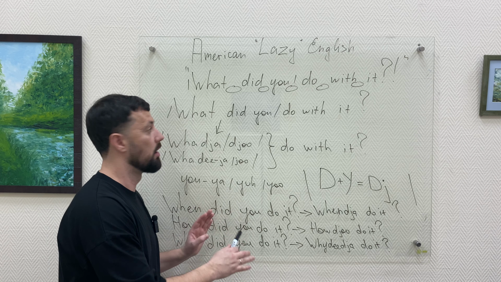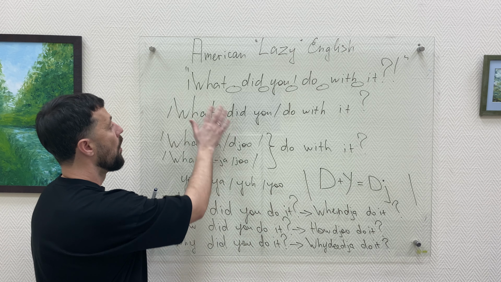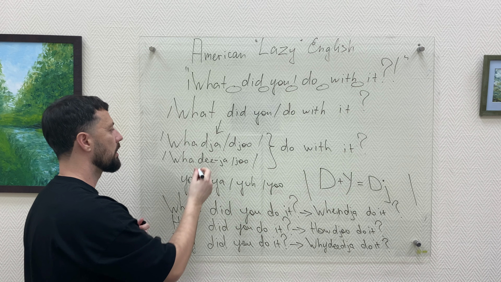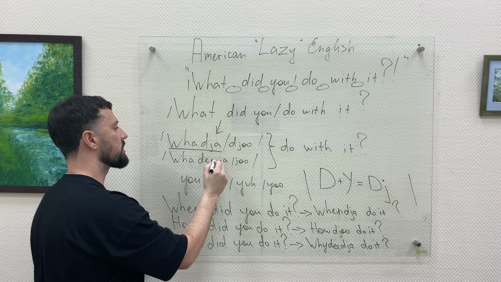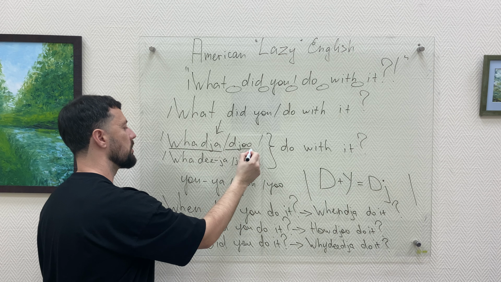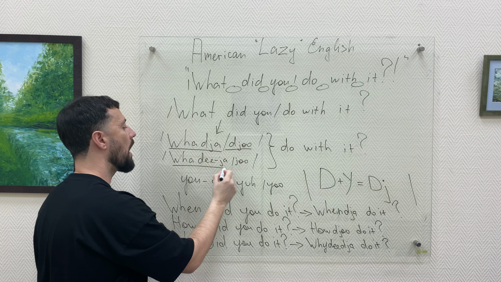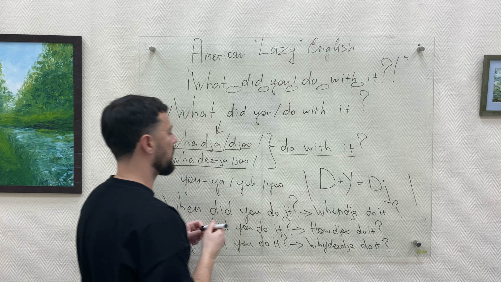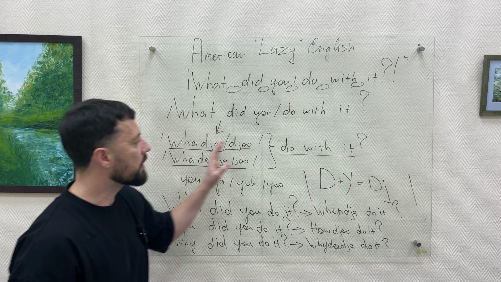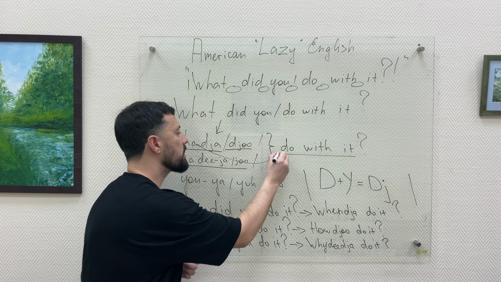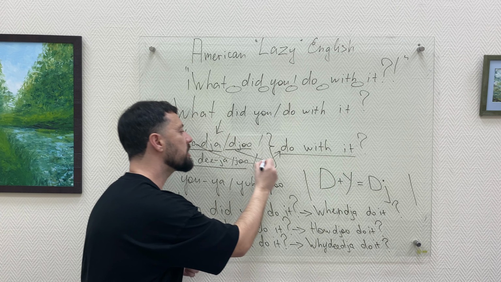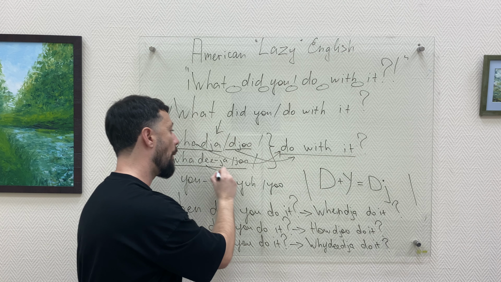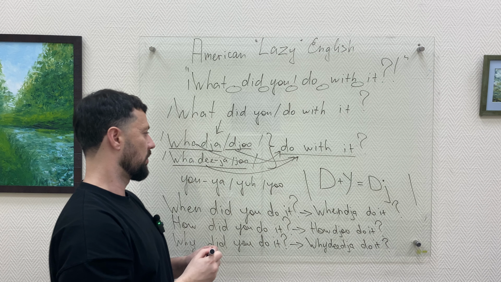We combine these three words, and we can have what'd you, or what did you, and then we keep the rest like this. So, what'd you do with it? What did you do with it? Okay?